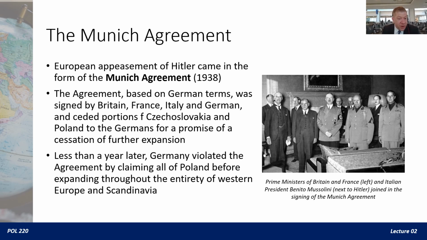Well, less than a year later, Germany violated the agreement by claiming essentially all of Poland before expanding throughout the entirety of Western Europe and Scandinavia. So as you know, eventually the Germans ended up taking France and had initiated a plan to overtake Great Britain as well. To the south, they'd expanded all the way into northern Africa and really to the east to the Russian border.